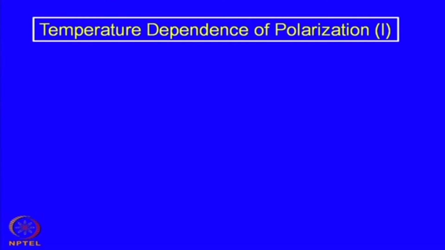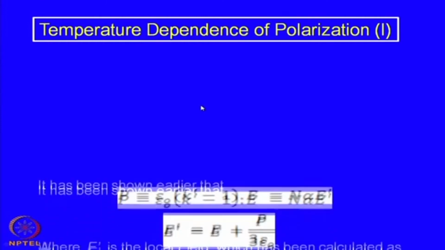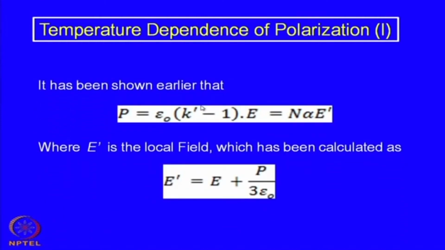Then we come to another characteristic of all ferroelectric materials, that is the temperature dependence of the polarization. The mechanism is basically orientation polarization. We have seen these equations earlier.